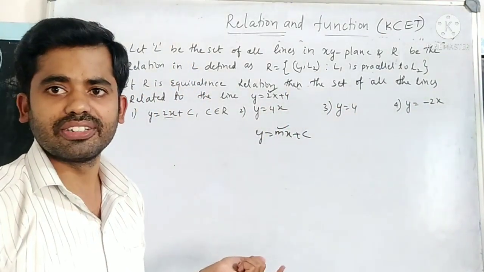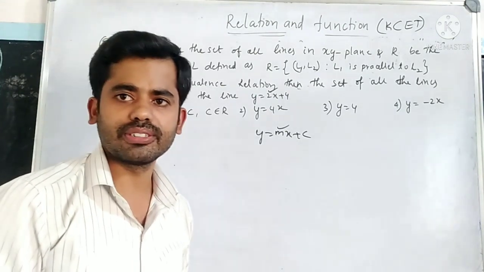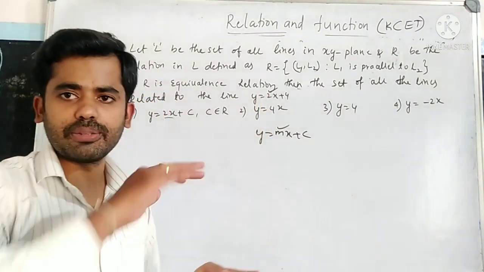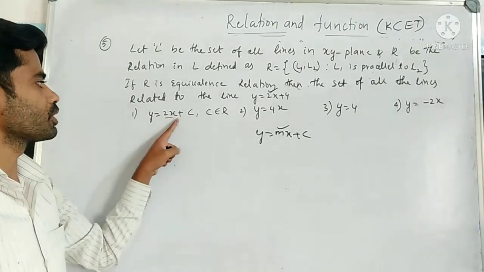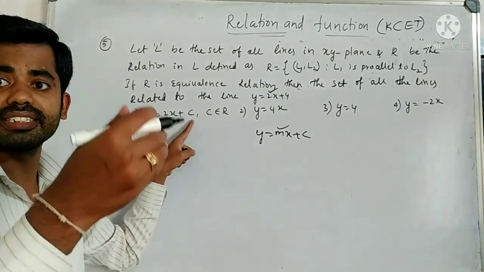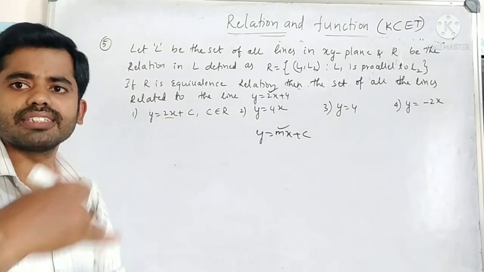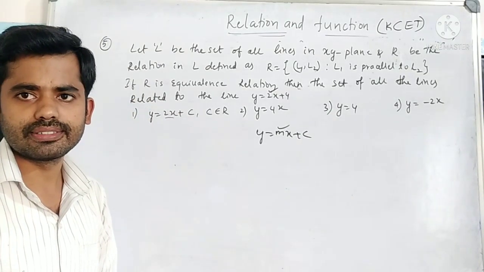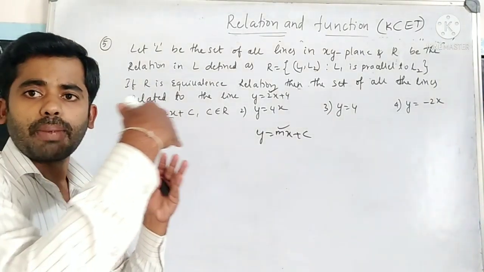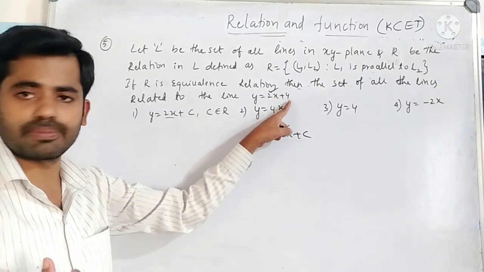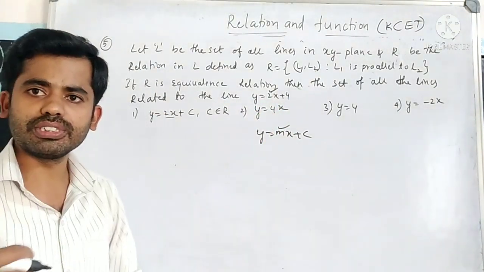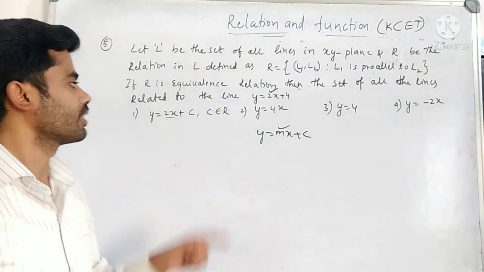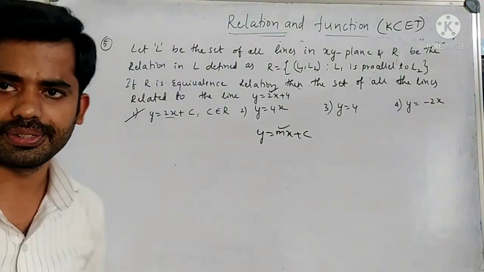It means the first condition itself holds good: parallel lines mean the slope should be the same, that is y equals 2x plus c. C is a real number, so many parallel lines are there. Parallelism does not depend on the intercept, it depends only on the slope. Equal slope means they are parallel lines. Okay? Then this is the option.